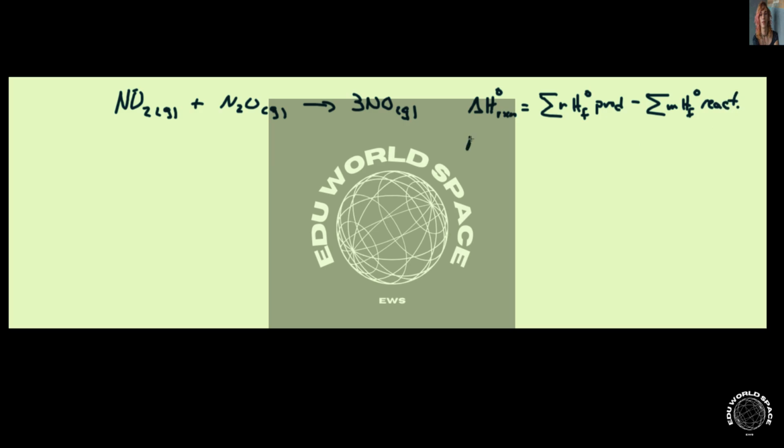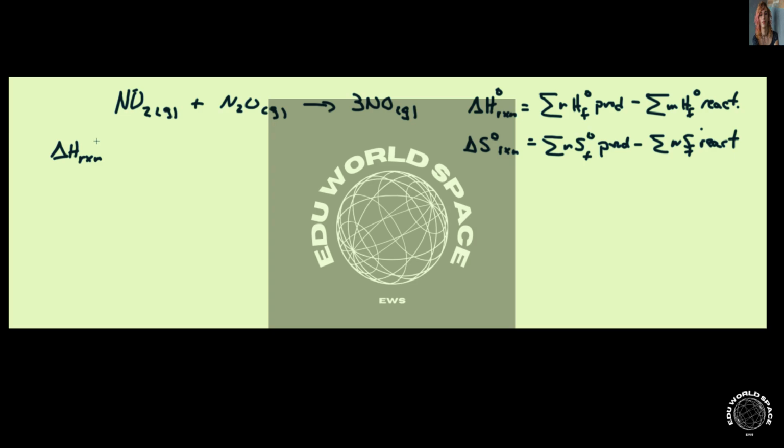Same thing for the entropies. So we're going to use this equation to figure out the H and the S for each of these, and then look at that in terms of delta G.